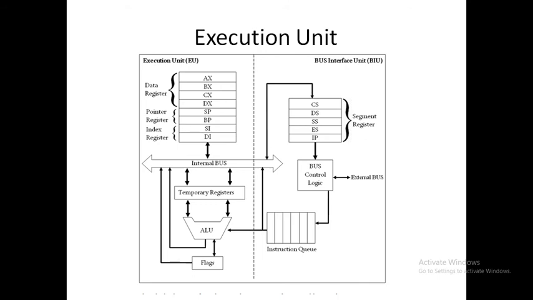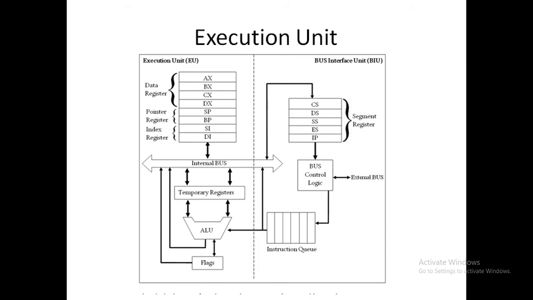After the pointer registers, index registers and data registers, it's the ALU. It handles all arithmetic and logical operations, like in the 8085 ALU: addition, subtraction, multiplication, division, and AND, OR, NAND, NOR.